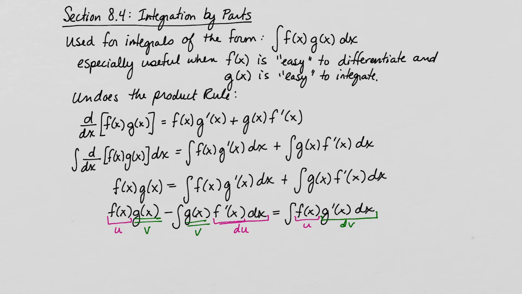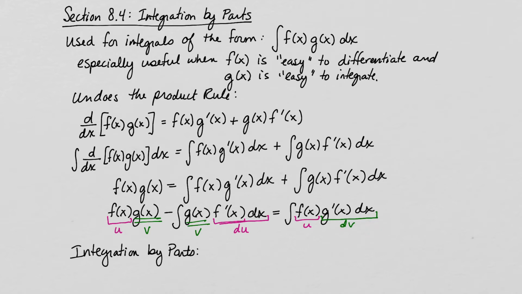So finally, the integration by parts rule. Integration by parts says, so I'm going to do two things here. I'm going to rewrite the rule just in terms of those u's and dv's. But to make it look the way we usually see it in textbooks, I'm going to flip-flop my equation. So instead of writing this side first and then this side second, I'm going to write the right-hand side first.